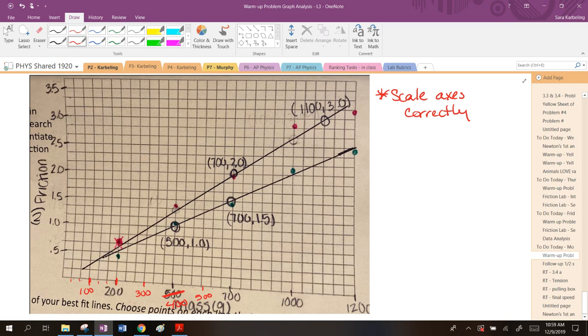Sure. And I can totally see where you're going with that, because it looks like these circles here, like this guy here and this one here, they do look very similar to where those data points are. I think in this case that the data point, like in this one here, was actually at 500 and then like 1 point something.